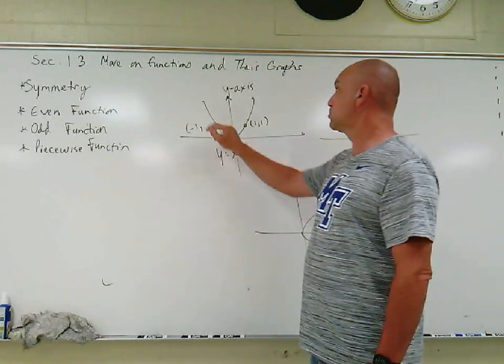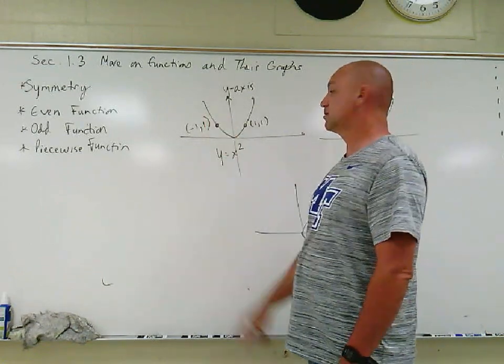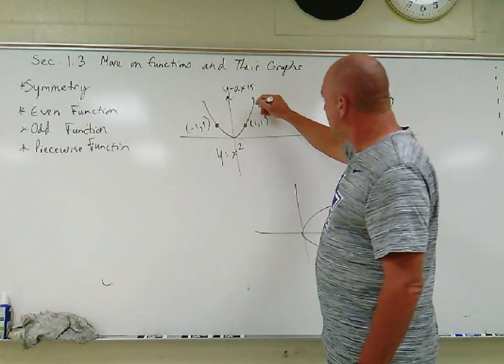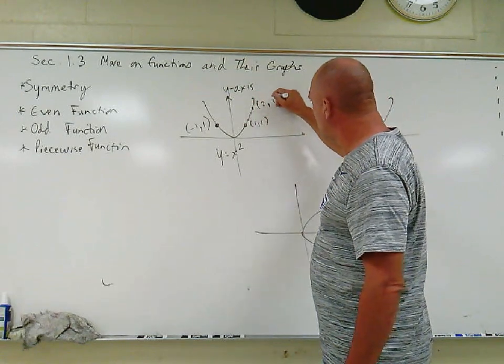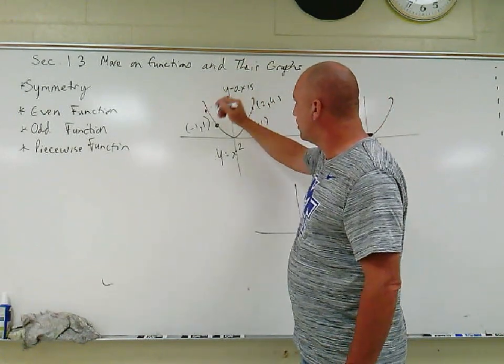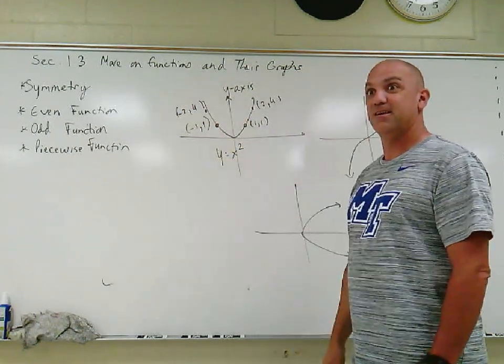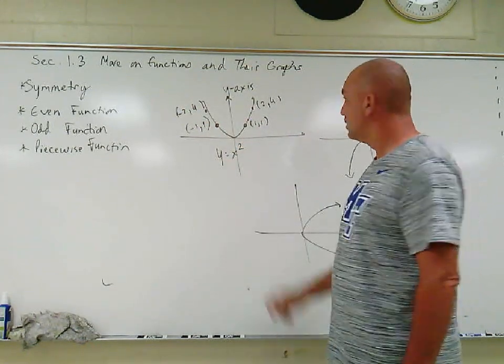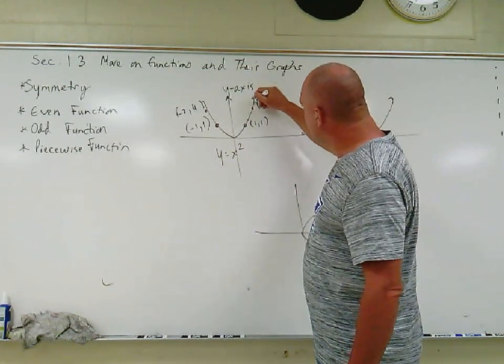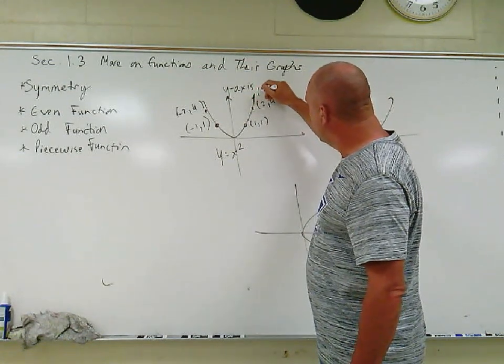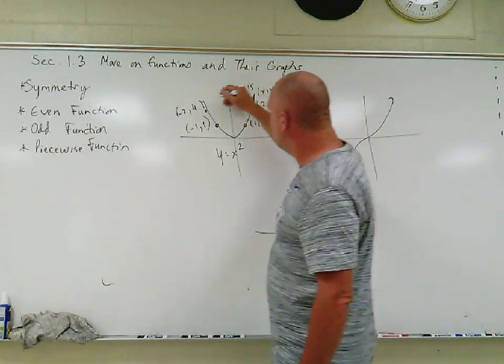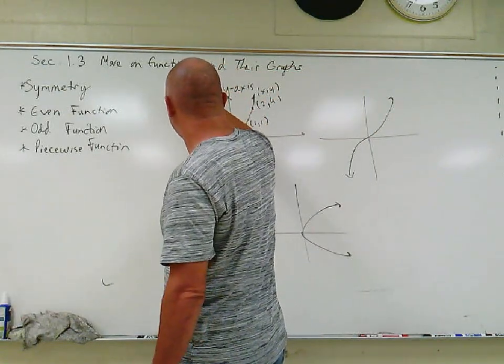Yep. What happens to the y? Stays the same. Okay. If this is the point 2, 4, what's the mirror point over here? What happens to the x? What happened to the y? So if this is the point x, y, then this should also be the point negative x, y.